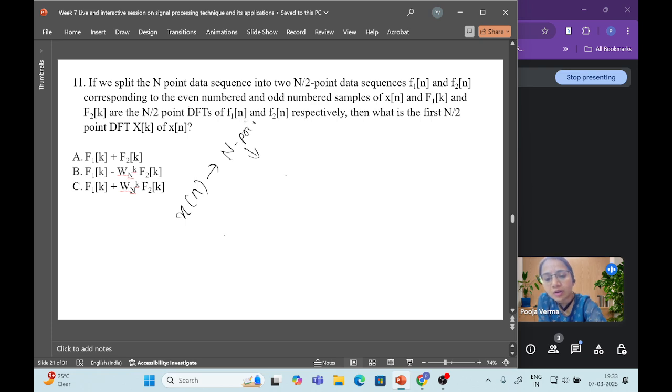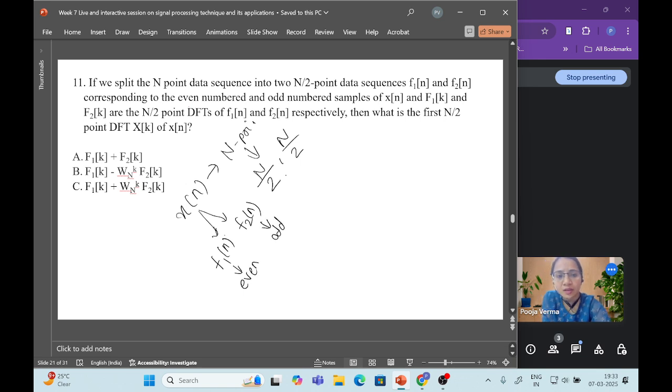Okay, so already we know that the N-point DFT is divided into two parts, two data sequences, that is f1(n) and f2(n). One is the even-numbered and this one is the odd-numbered samples, and the DFT of f1(n) is F1(k) and the DFT of f2(n) is F2(k), respectively.